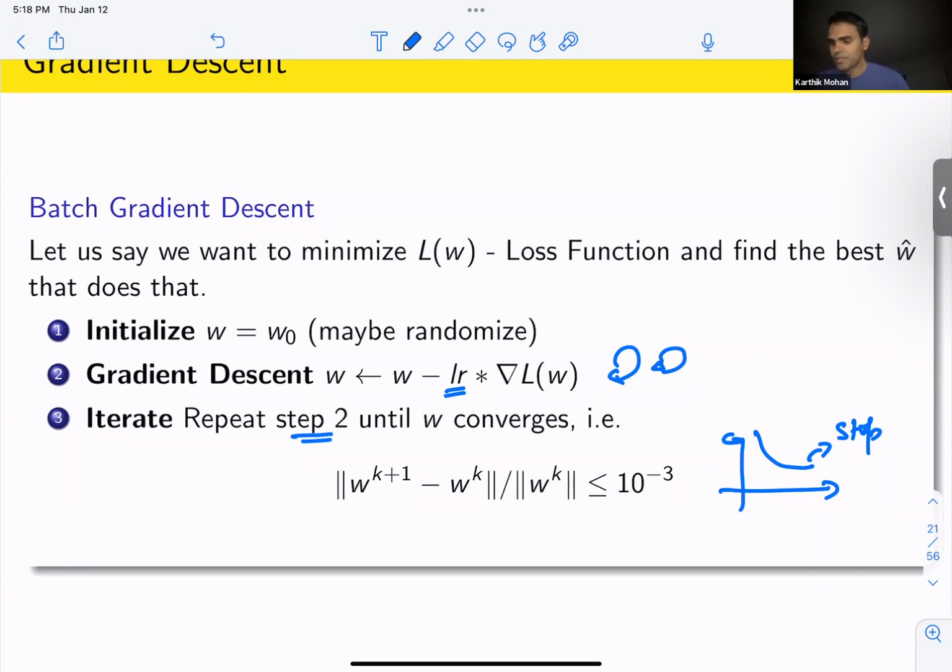But for now, assume there are ways to pick it. So that's batch gradient descent. Batch, because you're computing the gradient with respect to W using all the data points. The loss function is averaging the error across all data points. That's why it's called batch gradient descent.